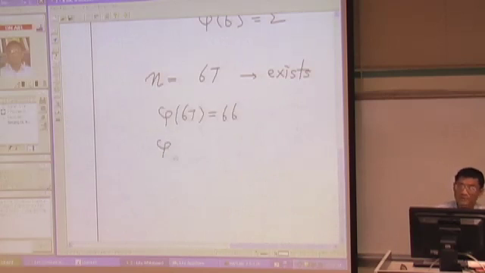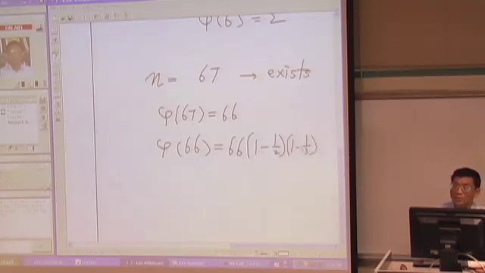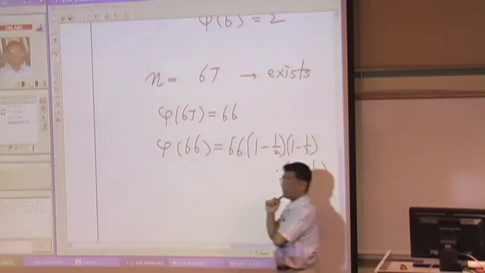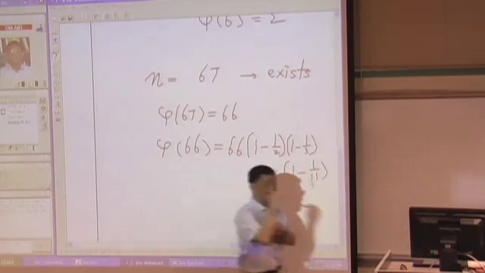And then phi of 66 should be calculated. Then 66 multiplied by 1 minus 1/2, 1 minus 1/3, 1 minus 1/11, right? Do you see it? The product over 2, 3, 11. So this is the phi function.